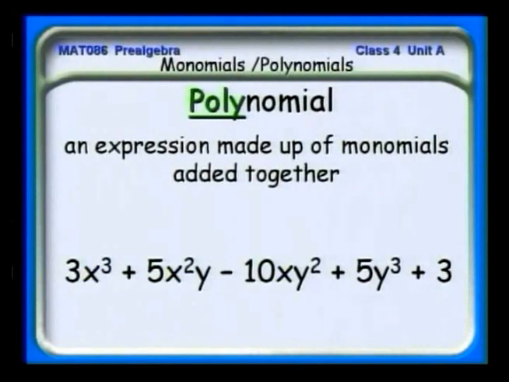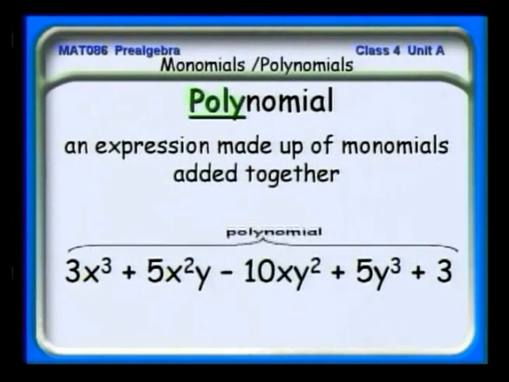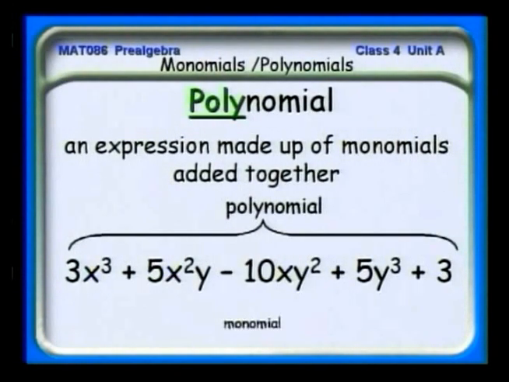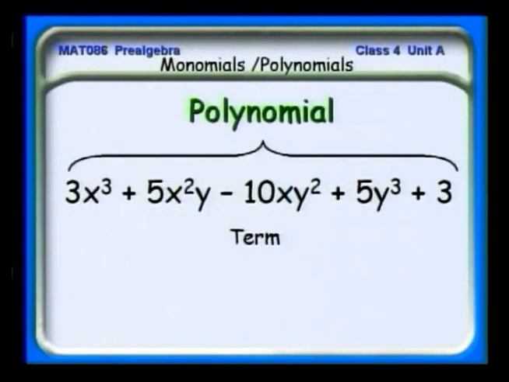You see that there are many monomials or many terms in it, in fact 5, and the whole thing is a polynomial, and it's made up of monomials strung together with pluses or minuses. We can also say that each one of those monomials is a term in the polynomial. So you'll hear that vocabulary used as well.